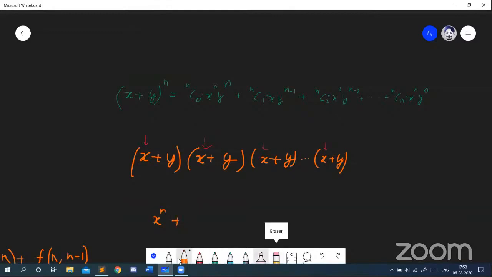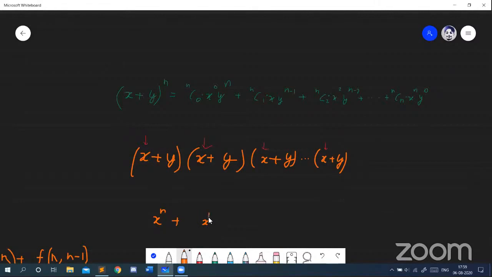And then if I have to make x to the n minus 1 times y, then from one of these brackets, I'm going to take the term containing y, and from the others, I'm going to take the term containing x.